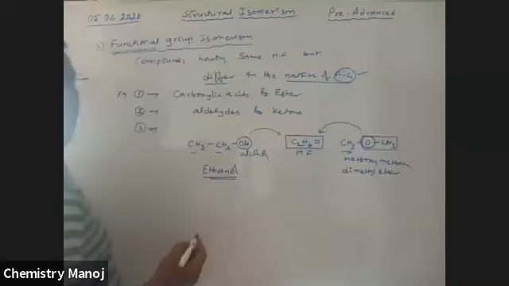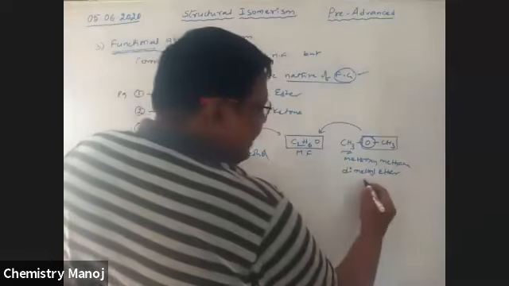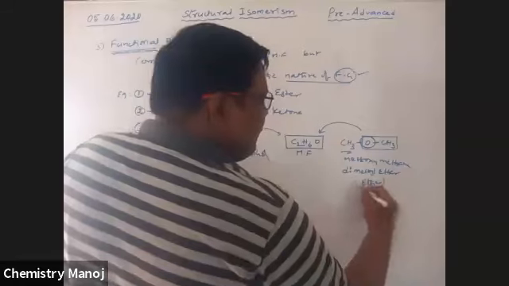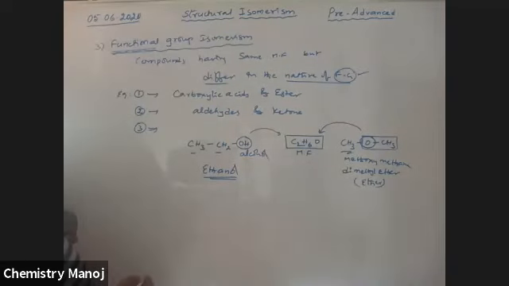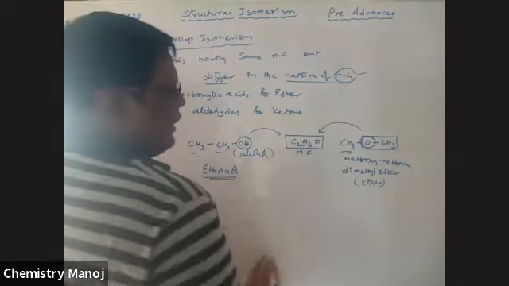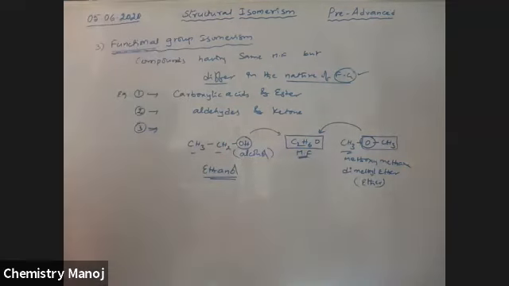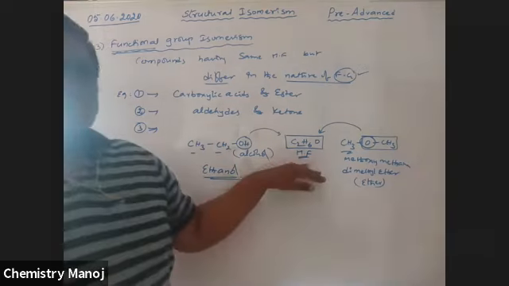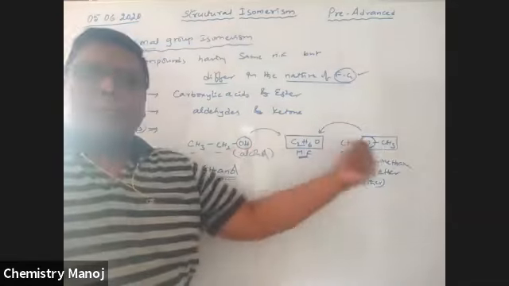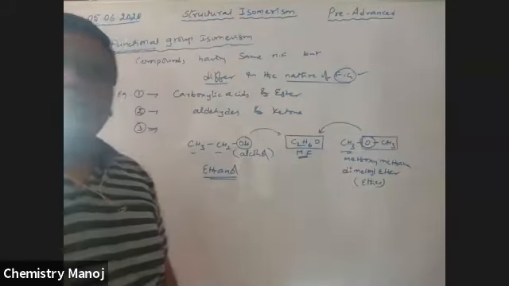So methoxymethane is nothing but an ether class of compound. One is alcohol, one is ether, with the same molecular formula but different functional groups. That means alcohols and ethers are functional isomers because their molecular formulas are the same, but the functional groups are different.